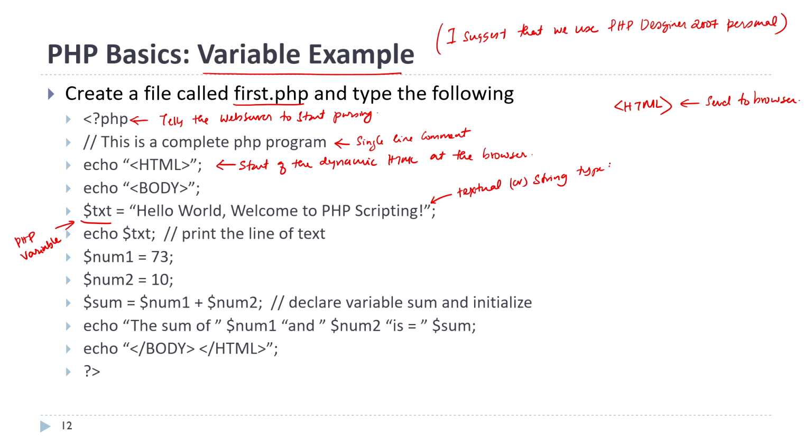Okay. So, one thing that you should probably notice by this time is in C language, we used to do this string txt is equal to hello world, whatever it is. Okay. This is what we used to do in C language.